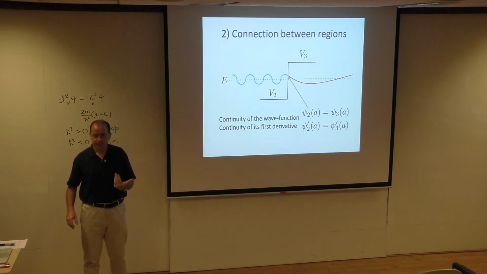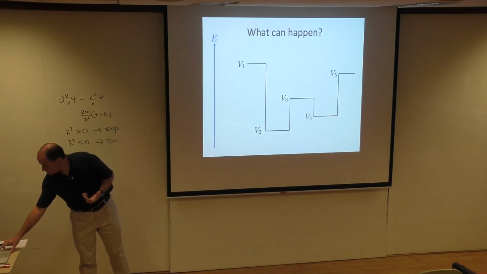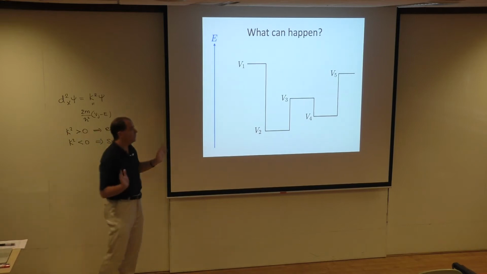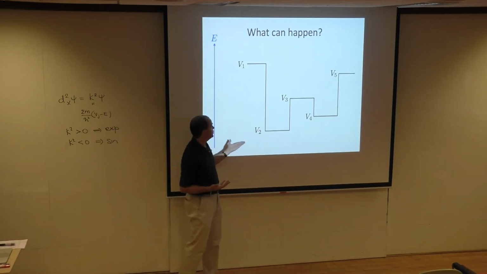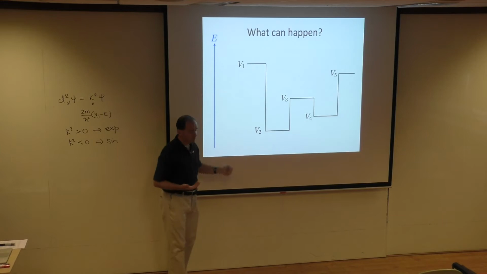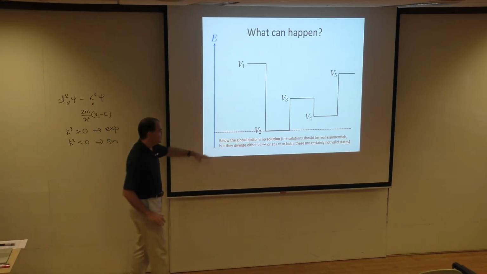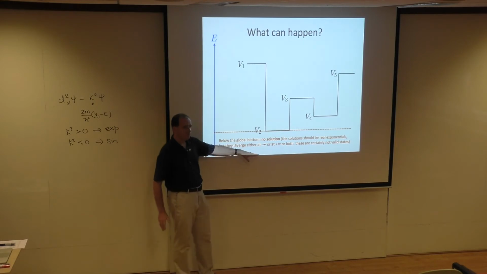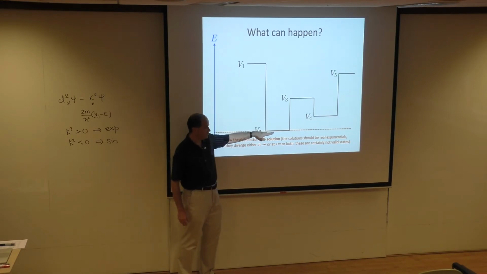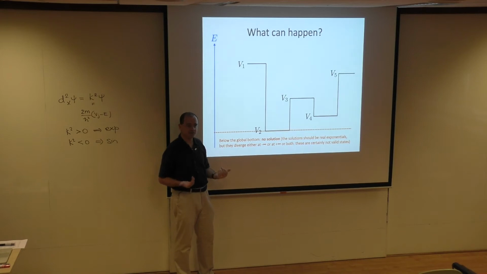Now let's see what can happen in practice. So here is again a generic potential, and here is the energy. First of all, if I look at an energy that is below the bottom, there can be no solution there. Why? Because below the potential, the solution should be real exponentials. But there are only two possibilities here.